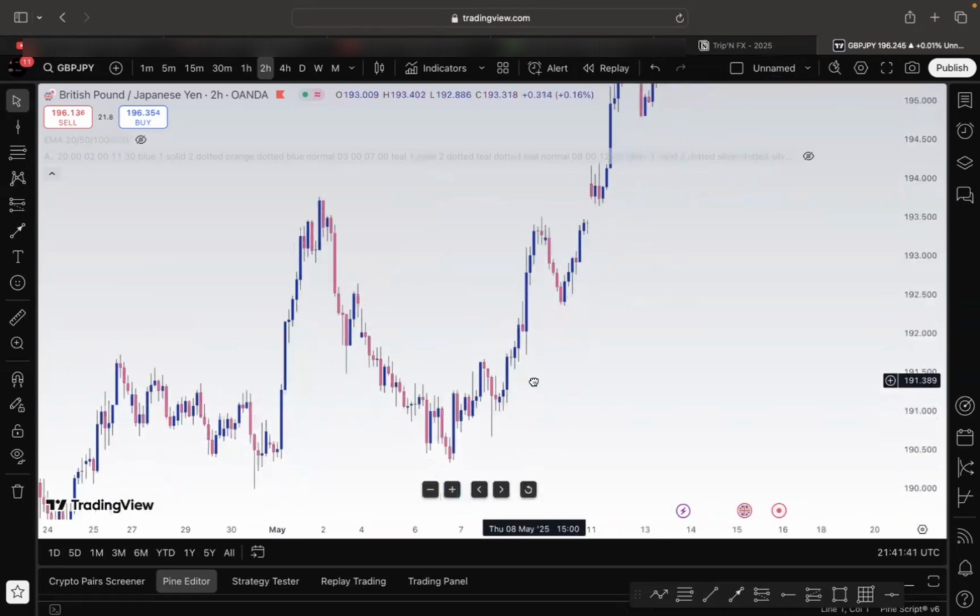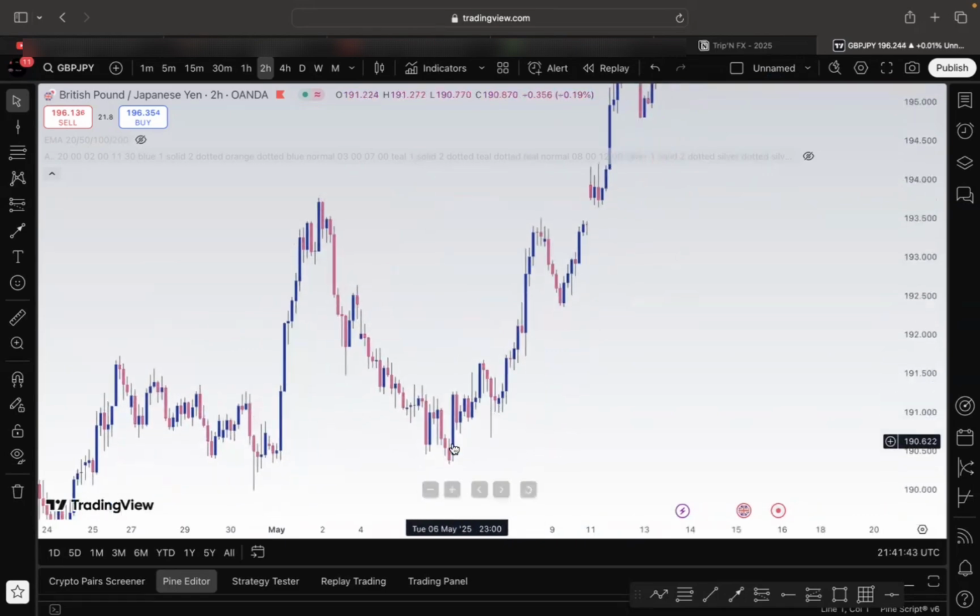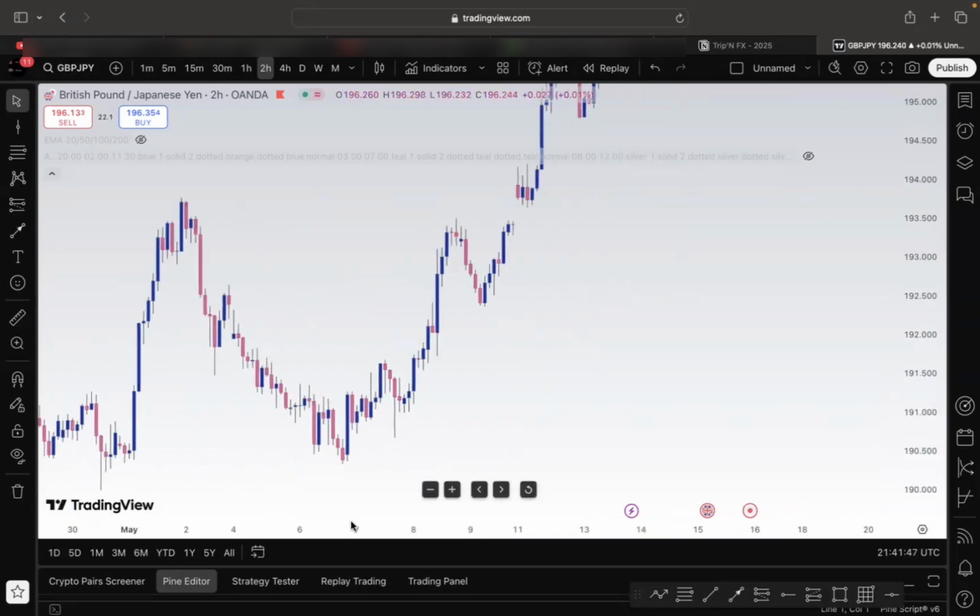Looking for the harami. Harami. Okay, beautiful. I think this is the harami. So you can see the mother candle here, and then the baby candle. This is not really a baby, this is a big baby because the candle is relatively bigger.